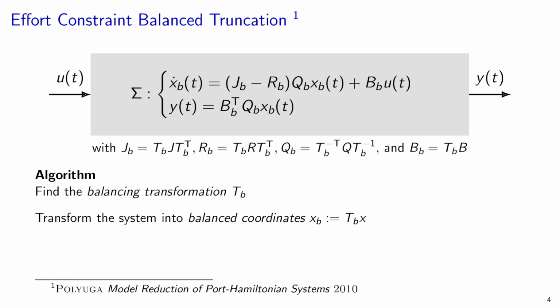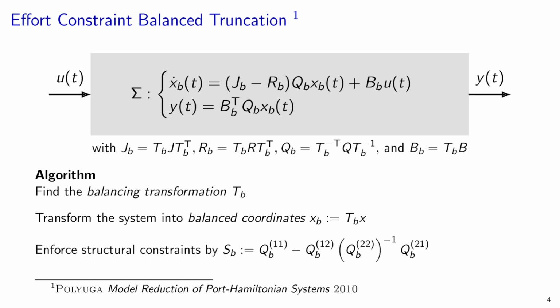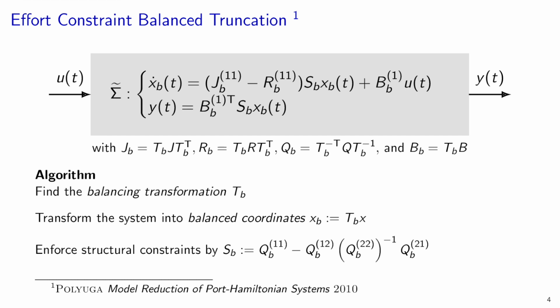However, in contrast to ordinary balanced truncation, now we cannot just take the upper left blocks of these matrices, as this would destroy the structure. Instead, we have to take the Schur complement when reducing our Q matrix. But with that minor adaptation, we obtain a balancing-based port-Hamiltonian model by then taking the upper left blocks of the remaining matrices J, R, and B.